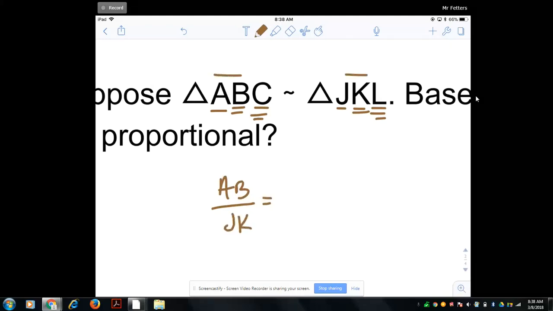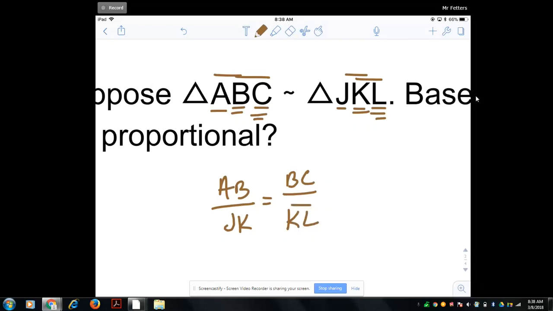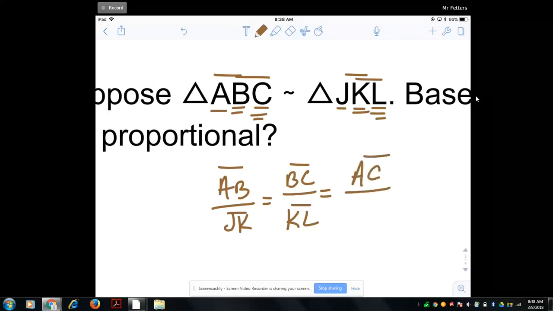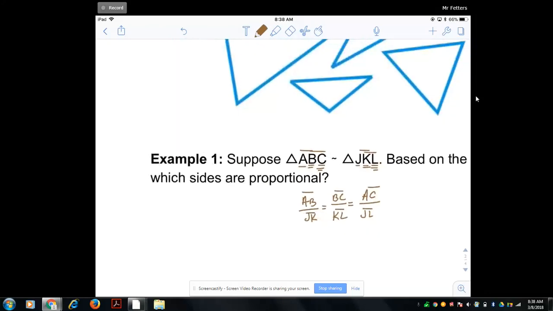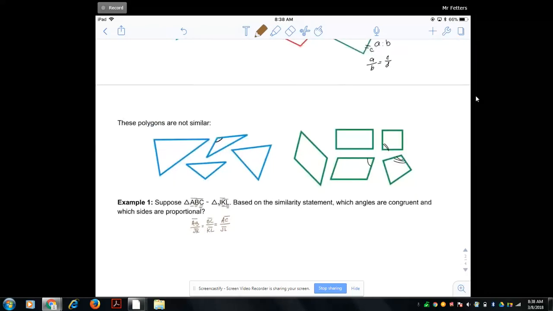And then I could say side BC over side KL. I need to put that these are segments. And then I can say side AC over side JL. And those are my sides and congruents. So that takes care of number one.